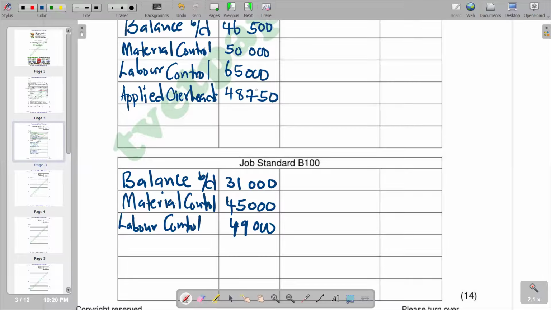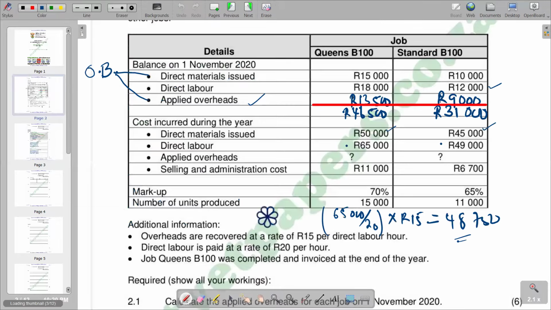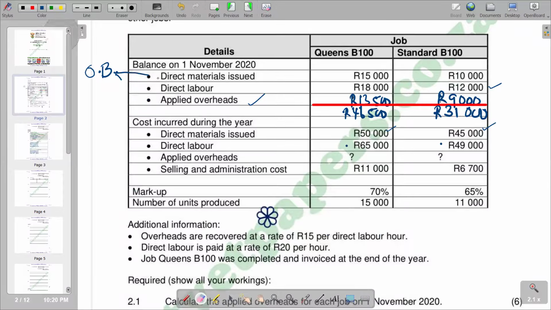Moving on now to standard B100, we also do the same calculation. Whereby we have direct labor of 49,000, so we need to say 49,000, we divide by 20, and then the answer that we get we multiply by 15 rand.